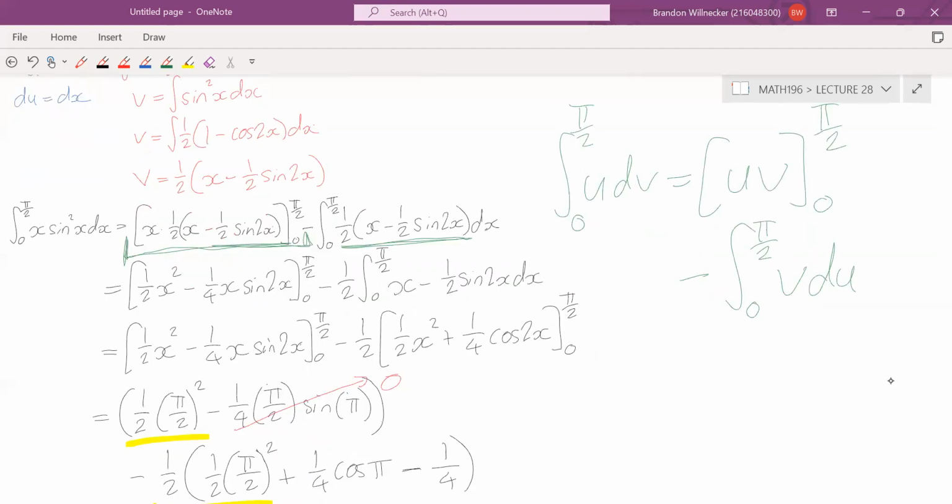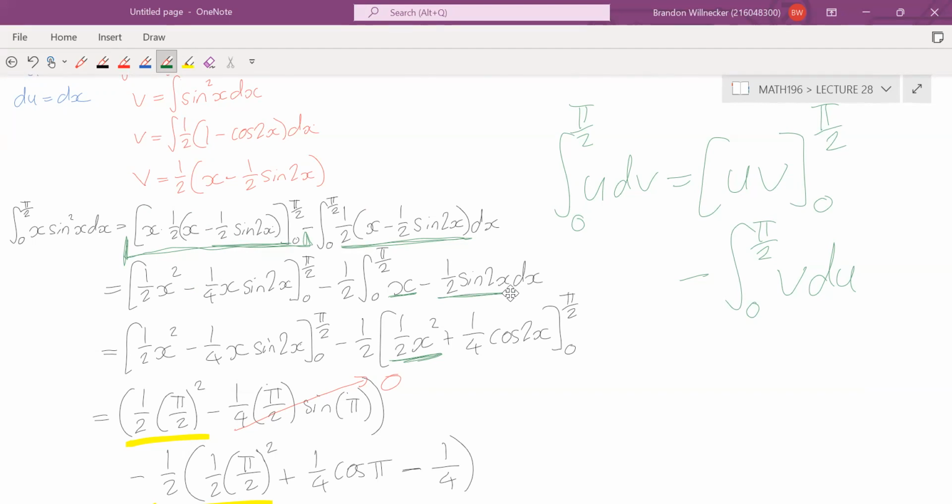This first bracket, we can just leave that alone. We can save that for later to evaluate. This integral, we need to evaluate. So the integral of x is going to be 1/2 x squared. The integral of minus 1/2 sine 2x, we need to take a factor of half because we have to divide by 2.